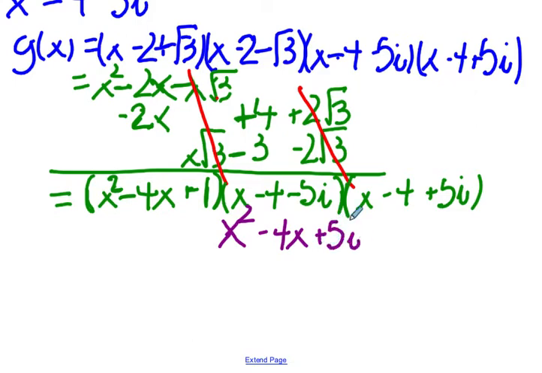It doesn't matter what order you write those in. Next, I have my negative 4. So negative 4 times x gives me another negative 4x. Negative 4 times negative 4 would give me positive 16. So I don't have anything that's a like term with that from the step above. And then negative 4 times 5i would give me minus 20i.